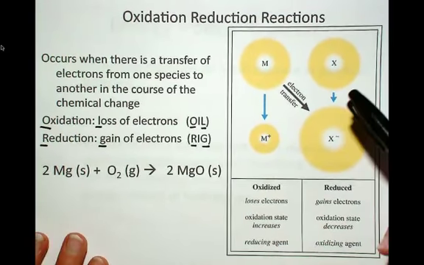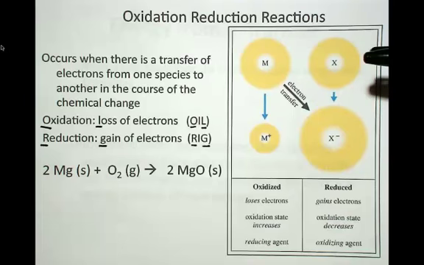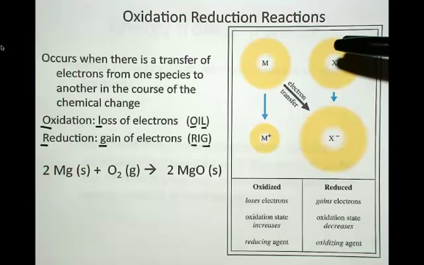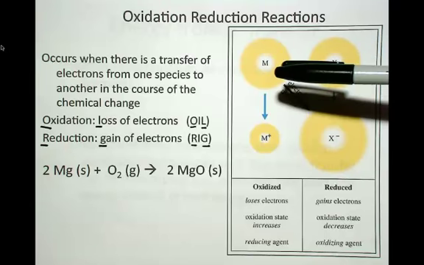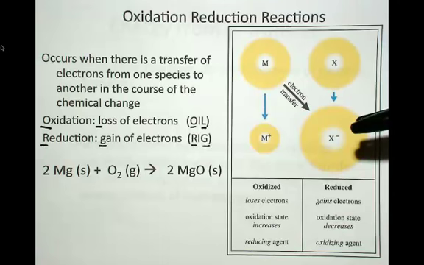But look over here. This is classically what happens in a type of oxidation reduction. In this case, the model is, we're pretending like this is a metal atom and this is a non-metal atom. And you know, metals tend to lose electrons across a chemical change with a non-metal, which would tend to gain electrons.